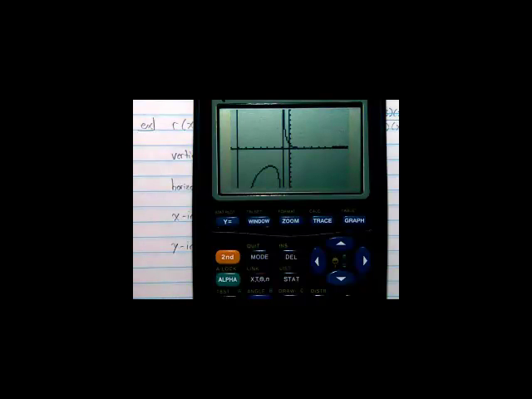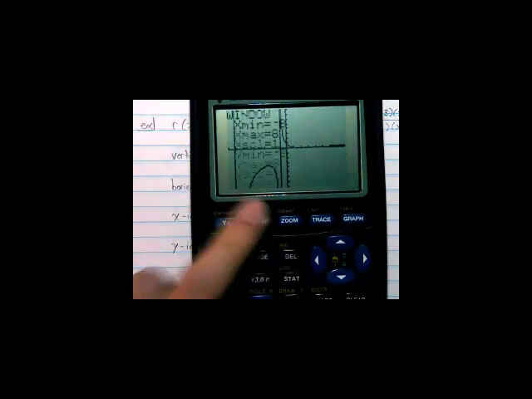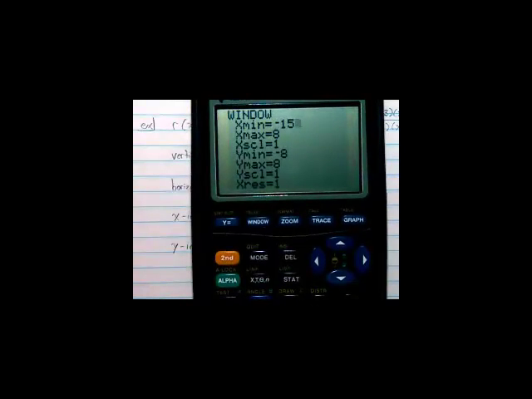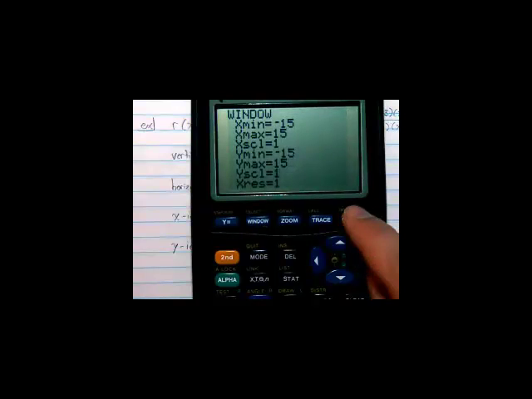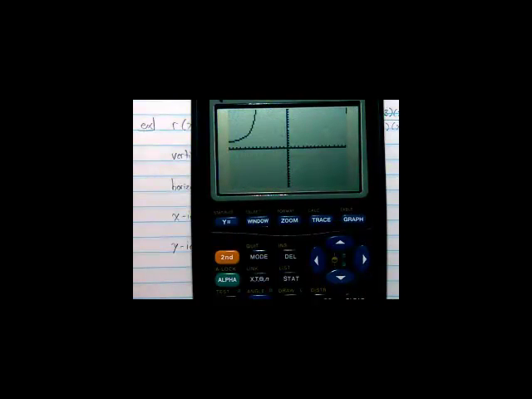All right, so probably want to make this window just a little bigger. So I think I'm going to go out to 15. Maybe that'll be a little easier to see it all. I might have to keep zooming out slightly, but yeah, this should be all right.